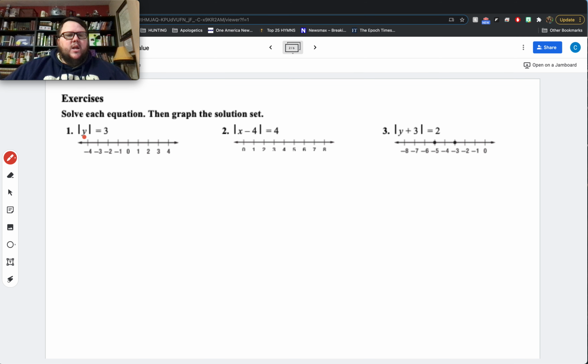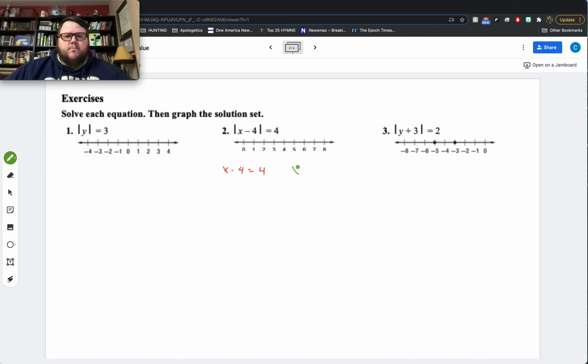Solve each equation, then graph the solution set. I'm going to leave number 1 for you, but I'll do number 4. Remember, we have two cases. Case 1 is x minus 4 equals the positive, and case 2 is x minus 4 equals the negative of what's on the outside, so negative 4.